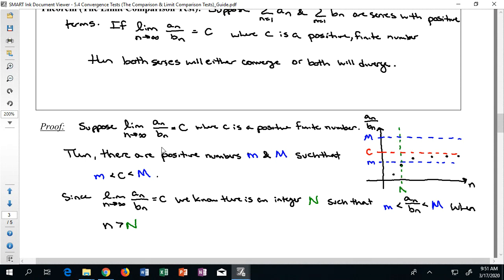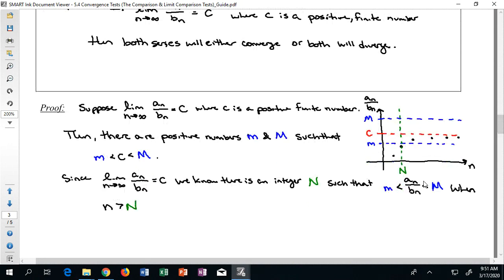If I picked any value on this little n axis that's past the green N, I start to see all my dots fitting inside of the blue boundaries. Not all dots fit inside the blue boundaries, but if you go far enough down the list, past green N, eventually you get inside.